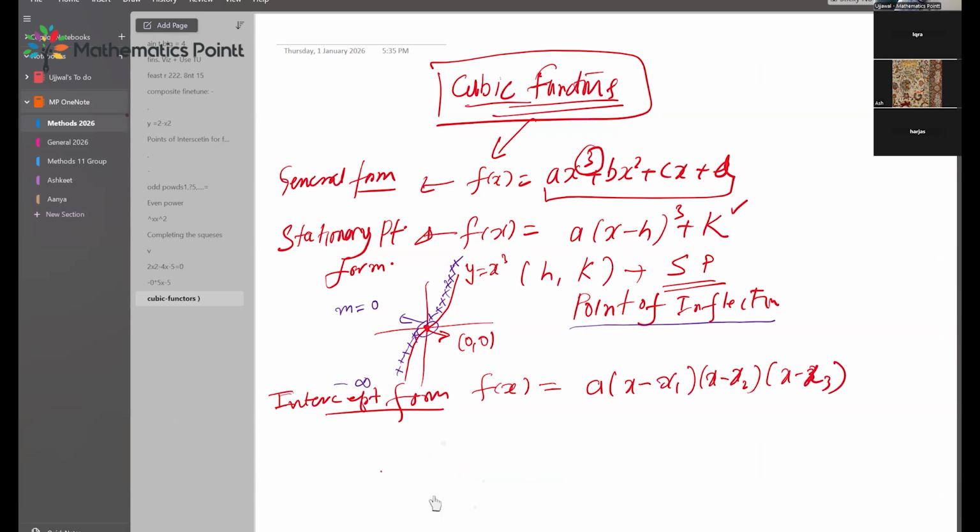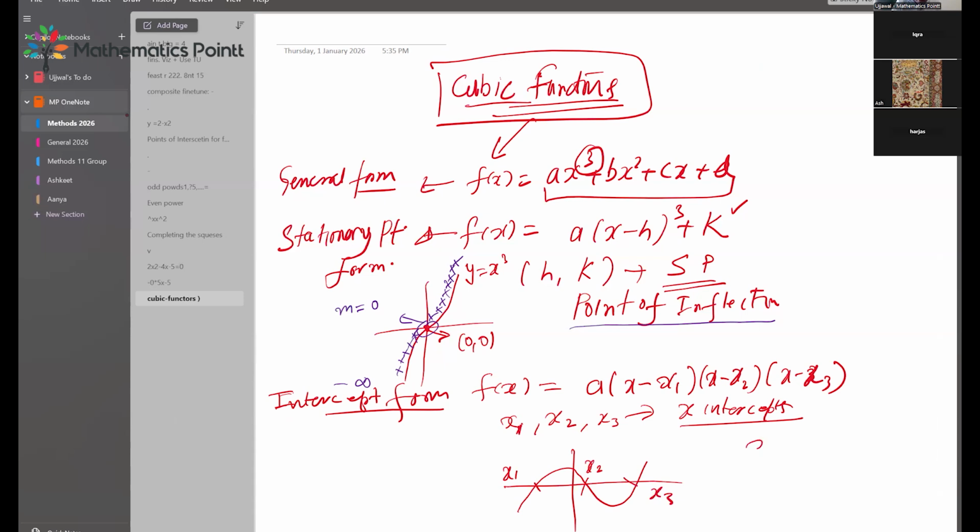So in this scenario, the x1, the x2, and the x3 are my x-intercepts. And if I were to draw cubic, this is x1, this is x2, this is x3, provided my x1 is less than x2 is less than x3.